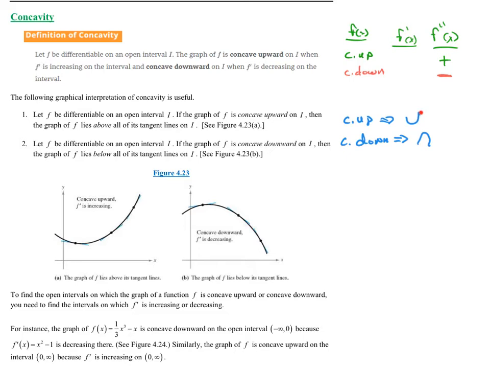So concavity does not mean the function is increasing or decreasing. It could be doing either. Concavity is merely the shape of the graph. Does the graph open up or does the graph open down is what we're asking, okay? So concavity is not increasing and decreasing. Concavity is the shape of the graph.